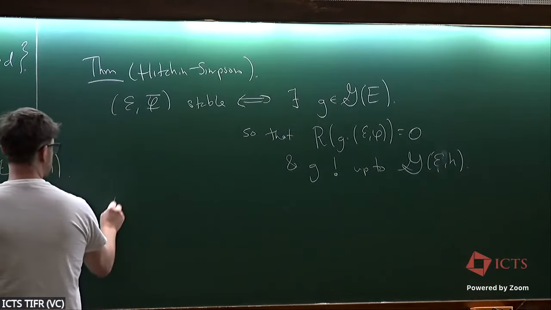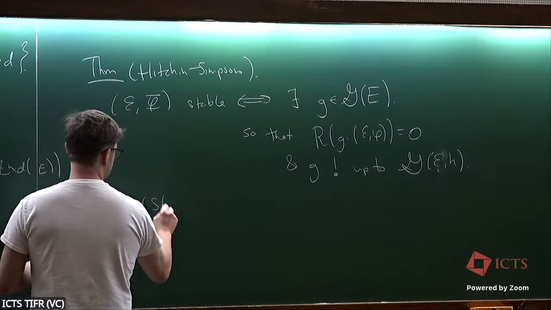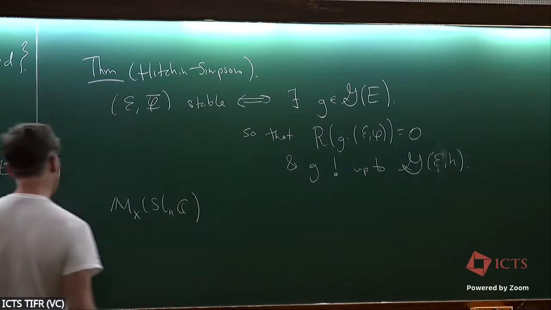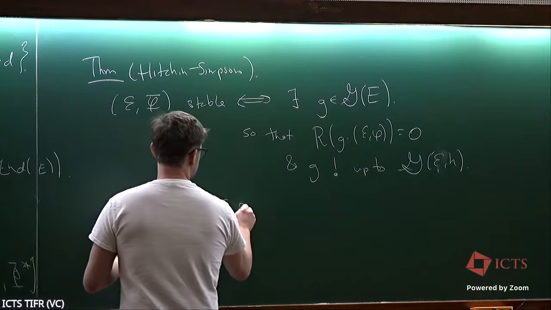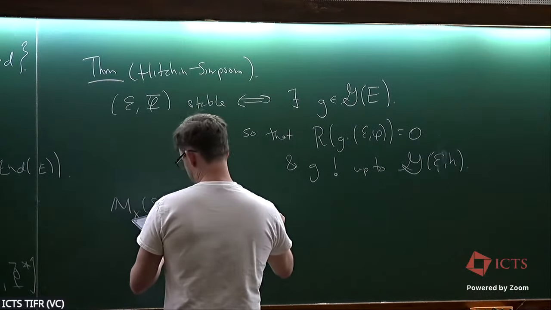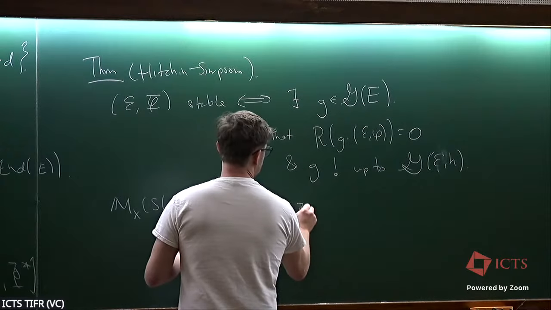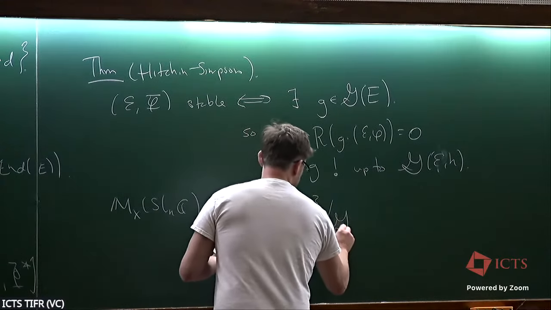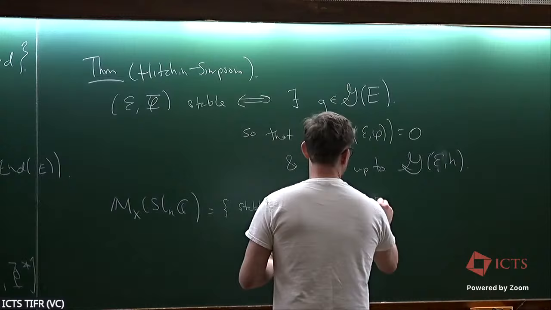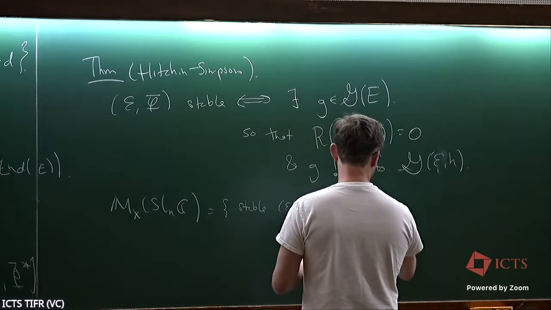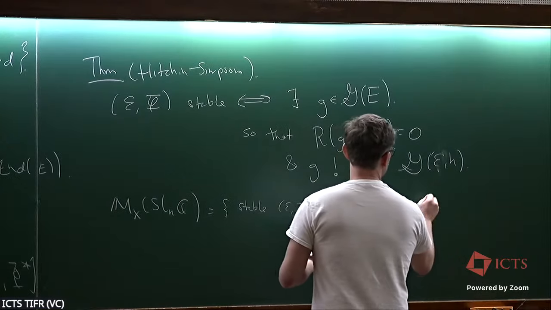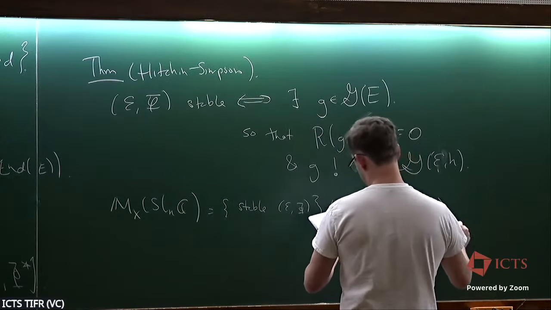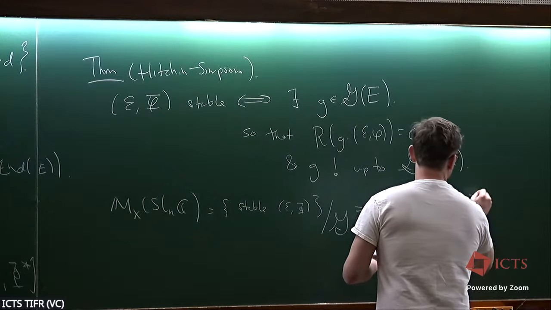Okay, and so this moduli space M_X(SL(n,C)) of stable Higgs bundles for the group SL(n,C), so these are stable (E, phi) up to gauge, it can also be constructed, let's say, as stable (E, phi) in R inverse of 0.